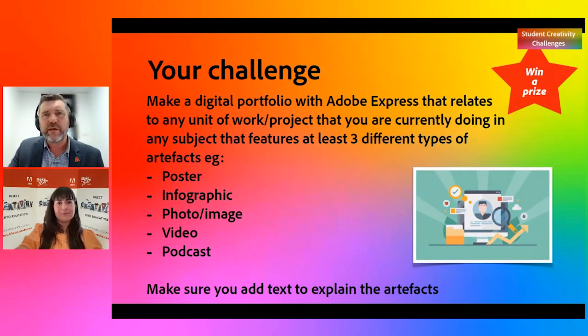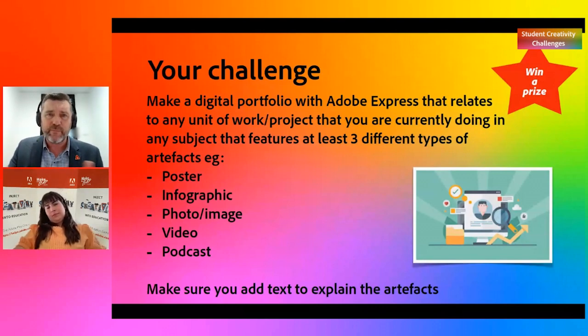But it must include at least 3 different artifacts. So it could be a poster, an infographic, a photo, a podcast, a video. You choose. It's got to have 3 different types of artifacts in it, as well as some text that explains how the artifacts relate to the particular unit of work.